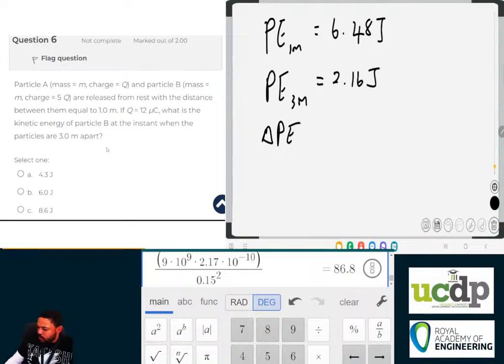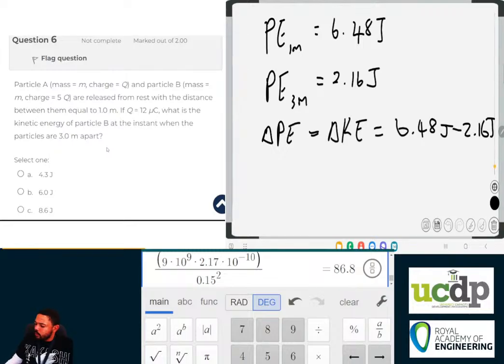This loss of potential energy is a gain in kinetic energy. So the kinetic energy is 6.48 joules minus 2.16 joules, and that is equal to 4.32 joules. So it has a change of kinetic energy of 4.3 joules.